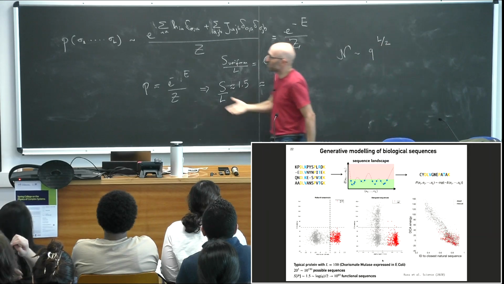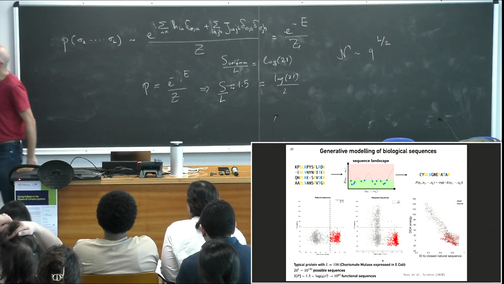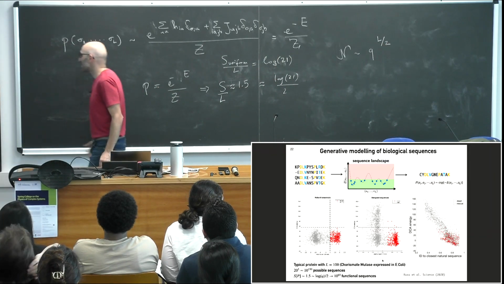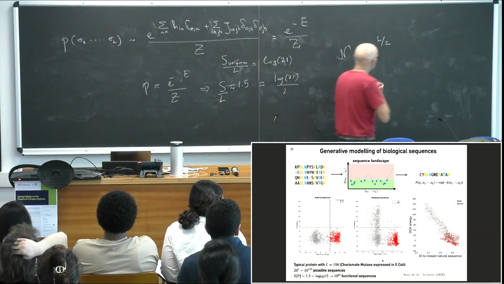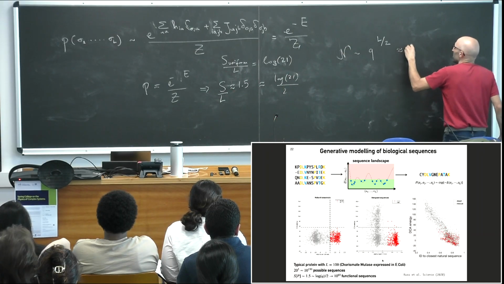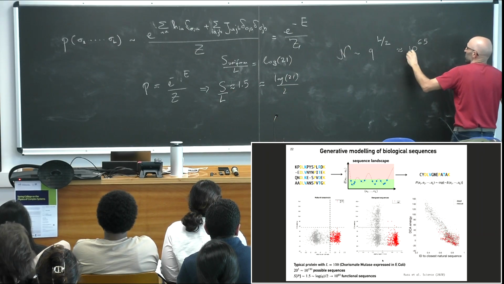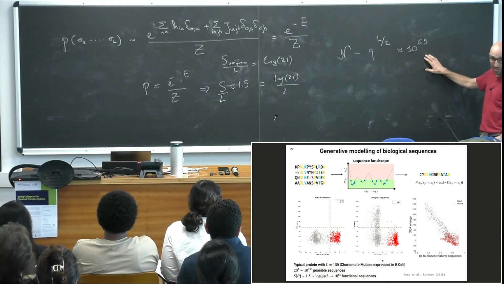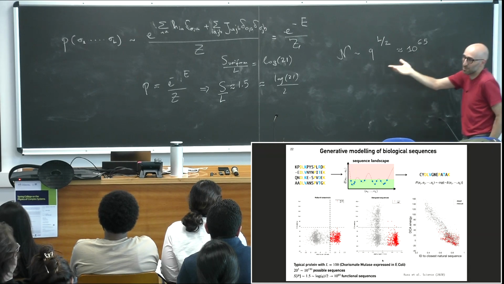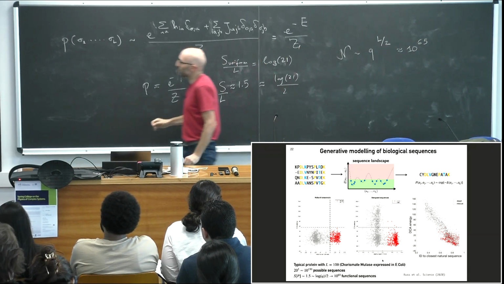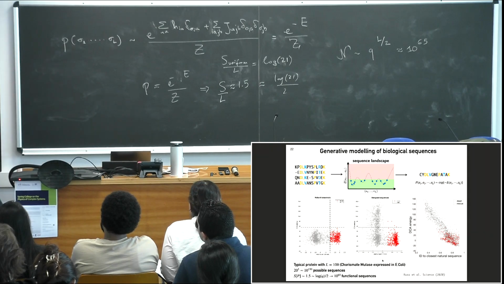If you put in the numbers, you get 10 to the 65. So the model can generate of the order of 10 to the 65 sequences, out of which the experiment tells you 30% are functional.